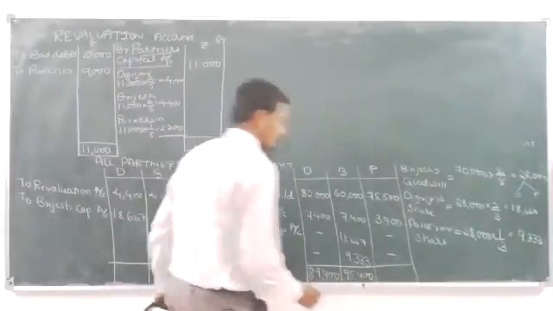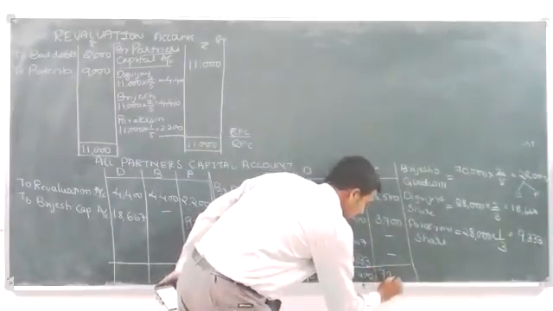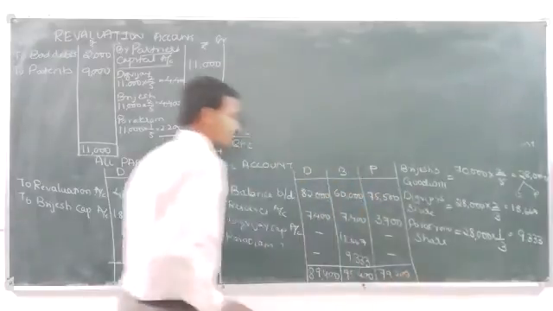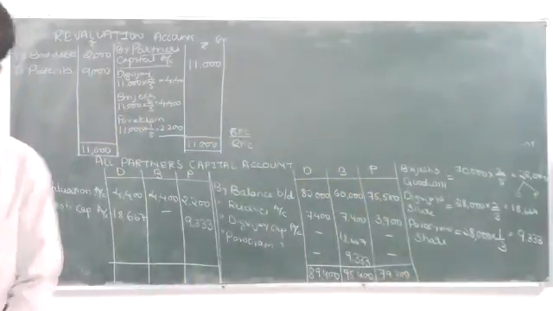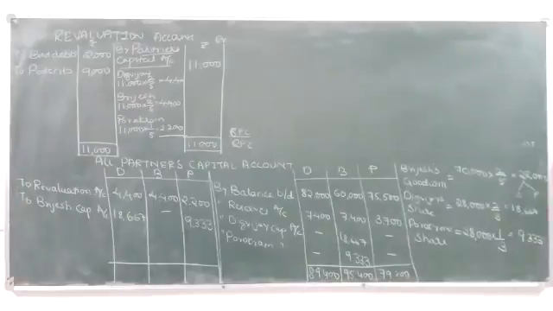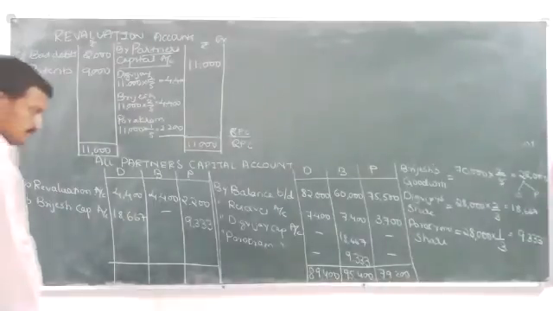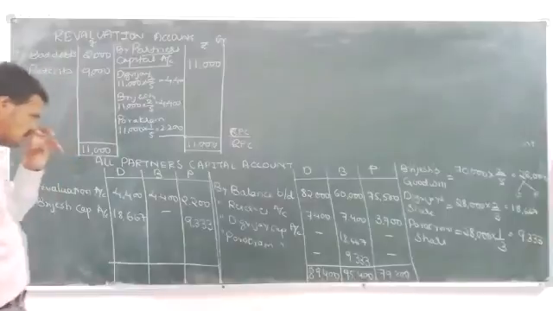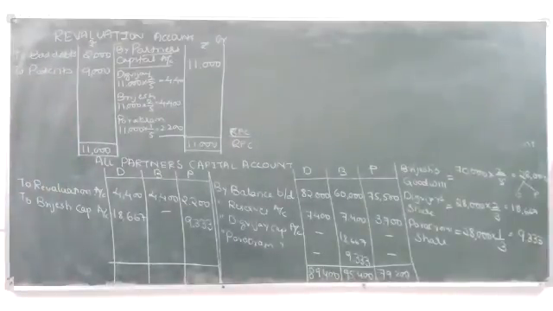And the next is 79,200. This is your all partners' capital account.